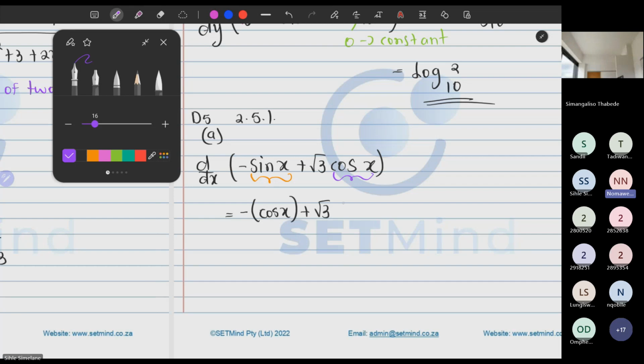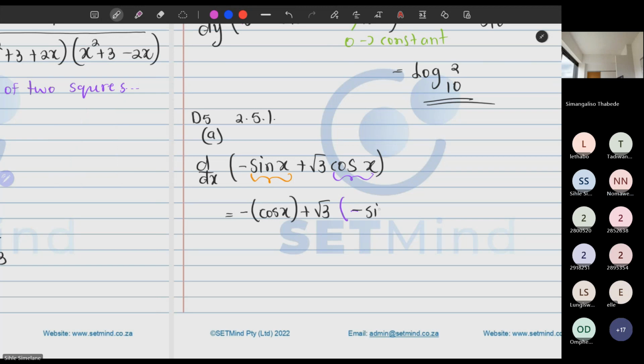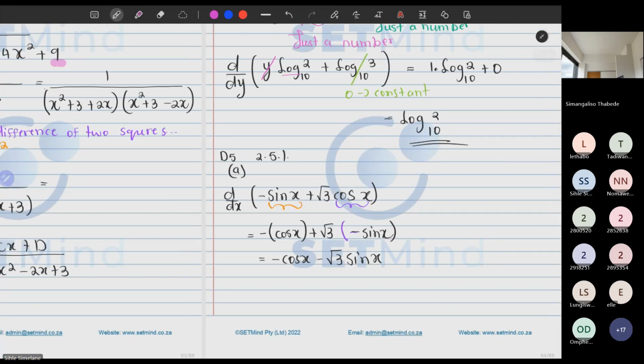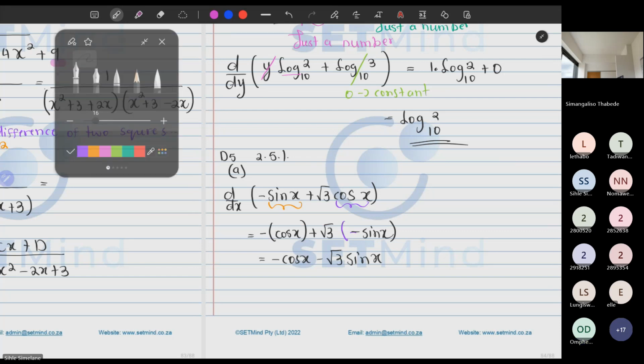Minus sine x. So when you try to simplify this, you will see that you have negative cos x minus square root 3 sine x. The person who posed the question, are you answered? Yes, sir. Thank you.